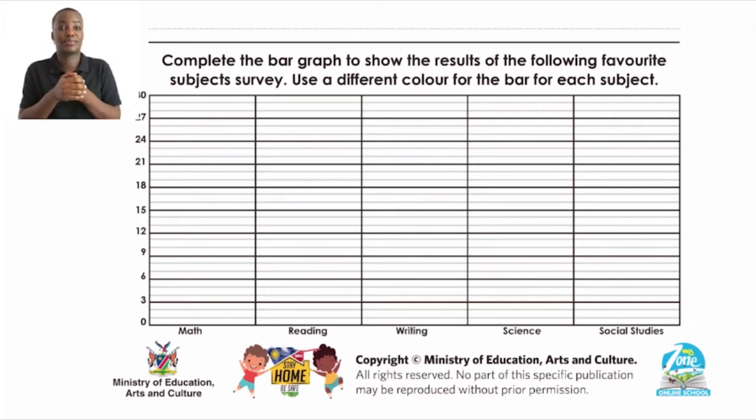The first thing that we can see is that at the bottom, we have the subjects: math, reading, writing, science, and social studies. And then on the other side, we have numbers. We have 0, 3, 6, 9, 12, going up to 30.